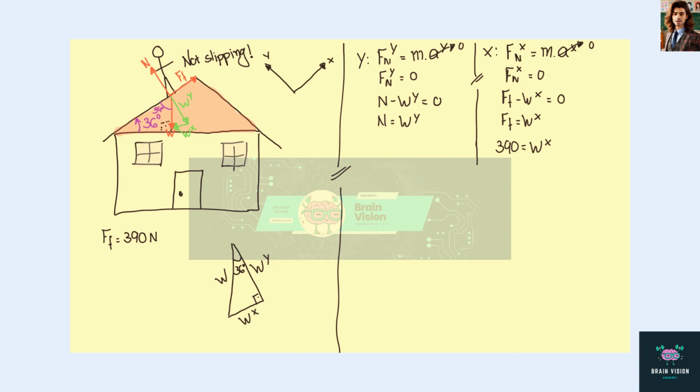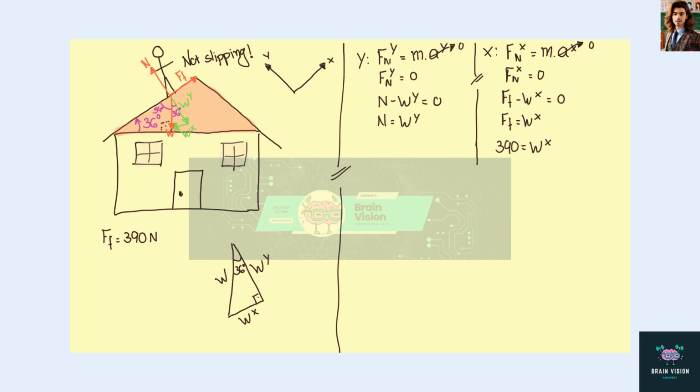Then, look at the following. This angle between the roof and the y component of the weight force is an angle of 90 degrees. Then, what is this angle if we know that this one is equal to 54? Well, this full angle has 90 degrees. Then, this angle has 90 minus 54 degrees, which is again 36 degrees. So this is why this angle is equal to 36 degrees.